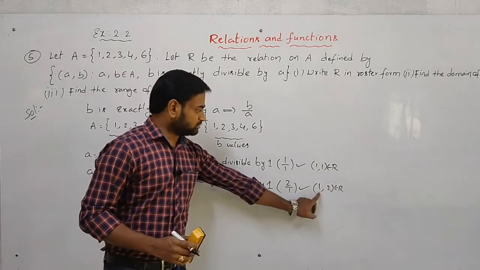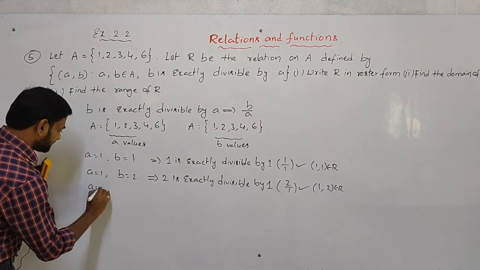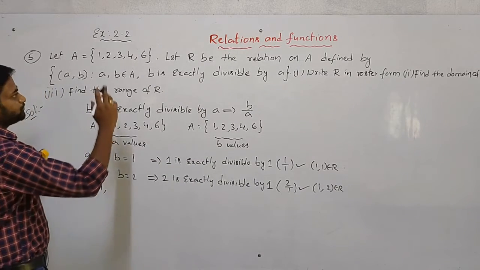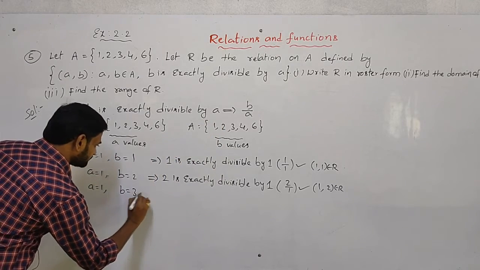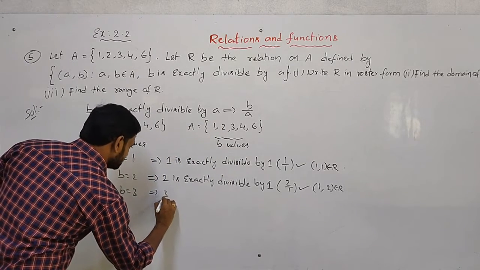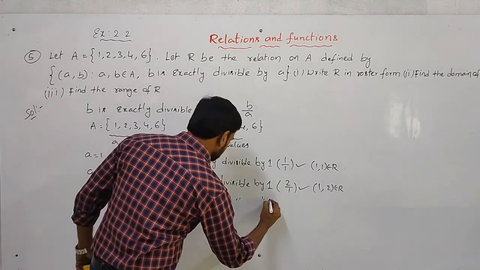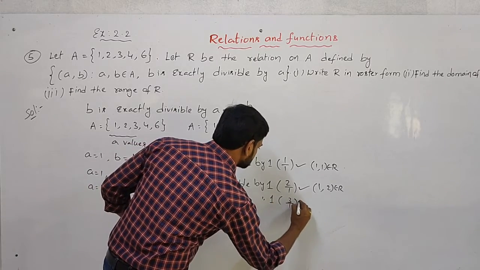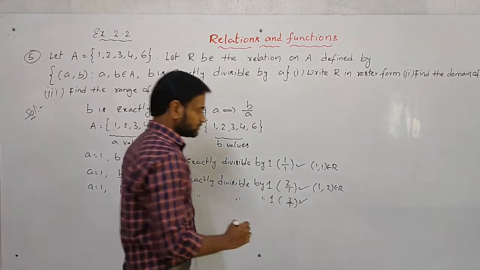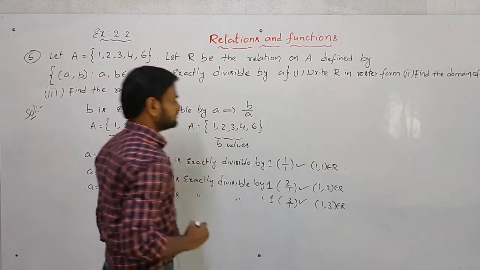First you have to write A value, next B value. Next, the same way. A equal to 1, B equal to 3. 3 is exactly divisible by 1. That is 3 by 1. Yes, correct. Possible. So 1 comma 3 belongs to the relation.